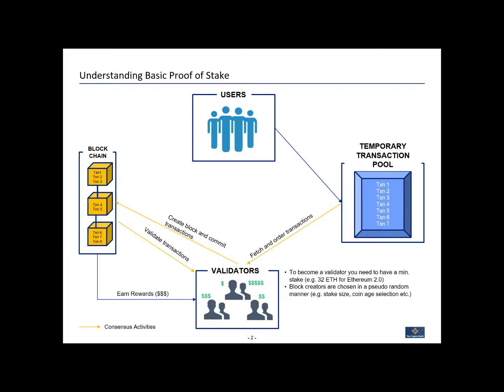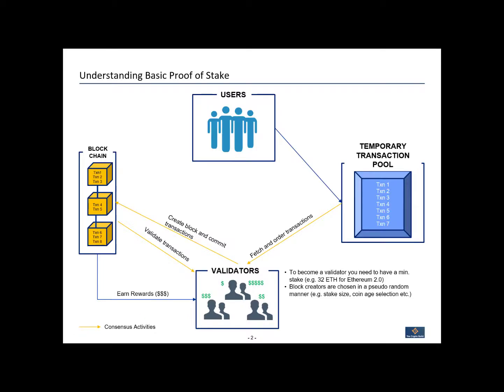So coin age selection is one. What they do is they look at how long a particular validator has staked their coin. So let's say you staked it 10 days ago, and based on that and your stake size, suppose you're selected to go ahead and forge a block and commit the transaction.